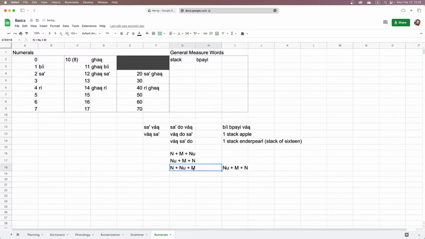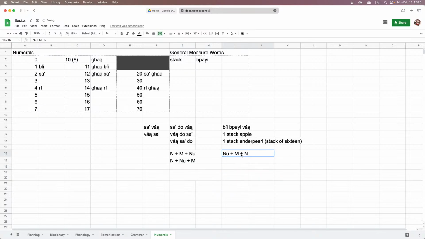So for this one, I think adjectives would come before the noun. Well, for this one, the adjectives would come after the noun and probably before the grammatical markers or the grammatical particles.